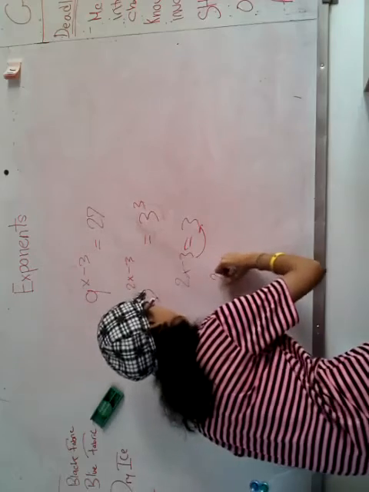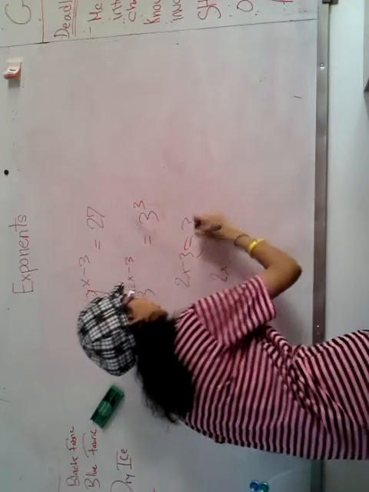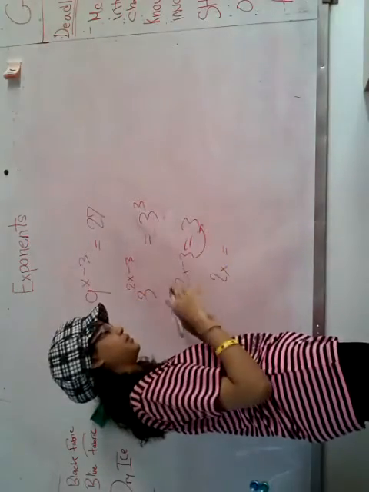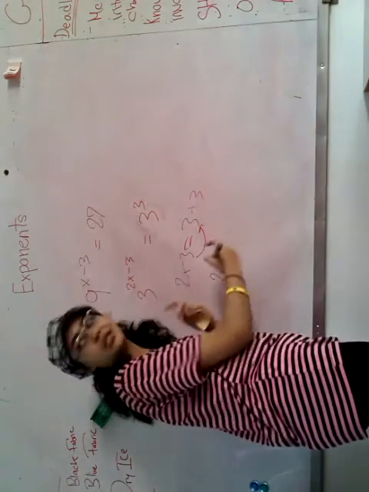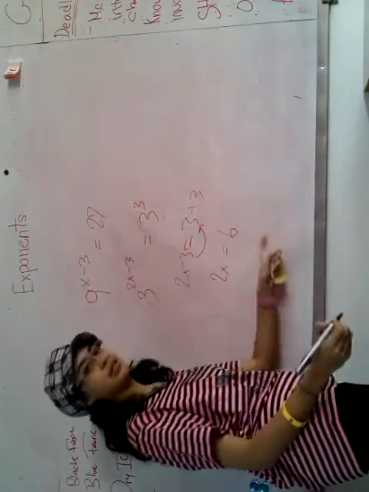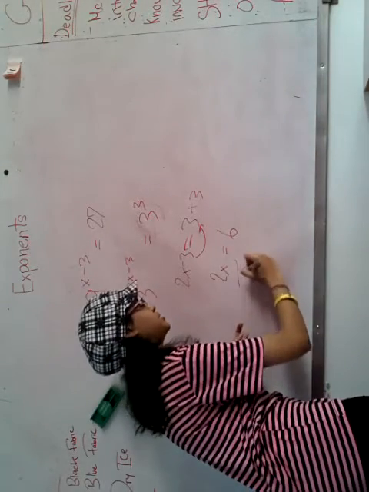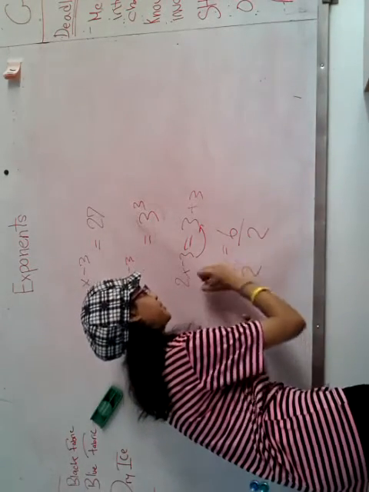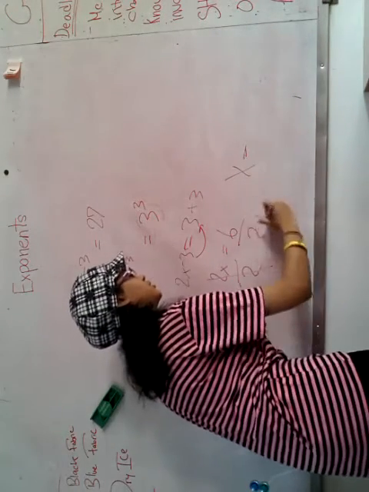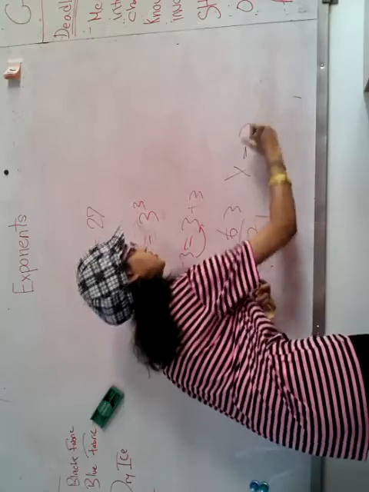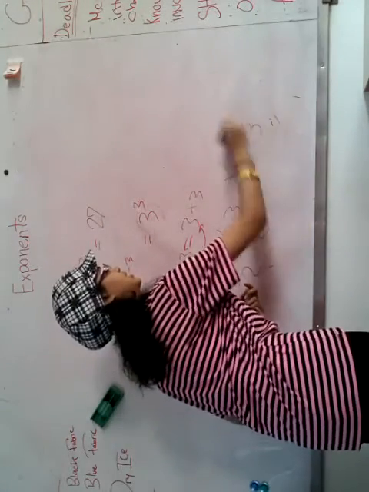It will be 2x is equal to, if you move there, the negative 3 will be positive 3. It will be plus 3 there. So 3 plus 3 is equal to 6, and you write 6 there. Now you divide by 2, divide by 2. You cut it out. So x is equal to 3. That's the answer.